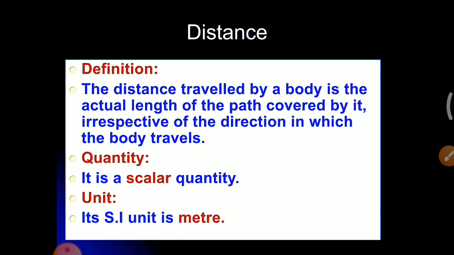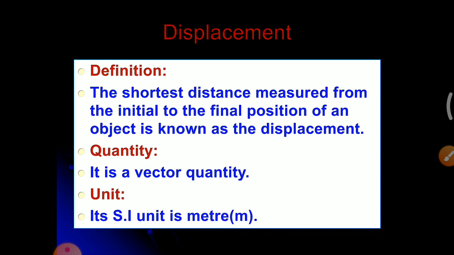The SI unit of distance is meter. And displacement: the shortest distance measured from the initial to the final position of an object is known as displacement. It is a vector quantity because it contains a direction. The SI unit of displacement is also meter.